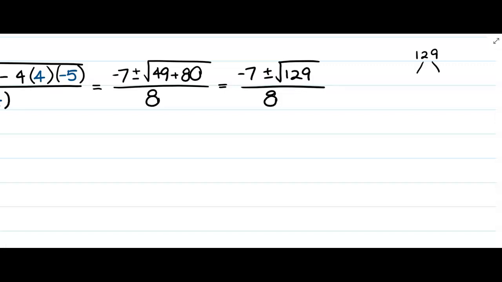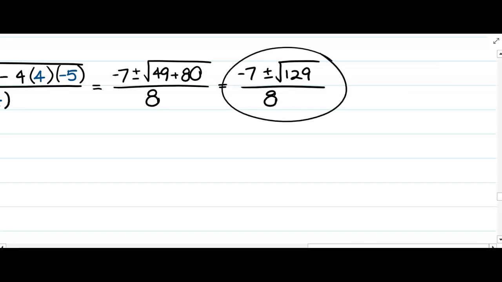If you're not sure right off the top of your head, I do know that I could divide it by 3, and I'd be left with 43. 43, however, is a prime number. There's nothing else that I could divide that by. So 129 actually cannot be simplified any further, which means that is our answer.